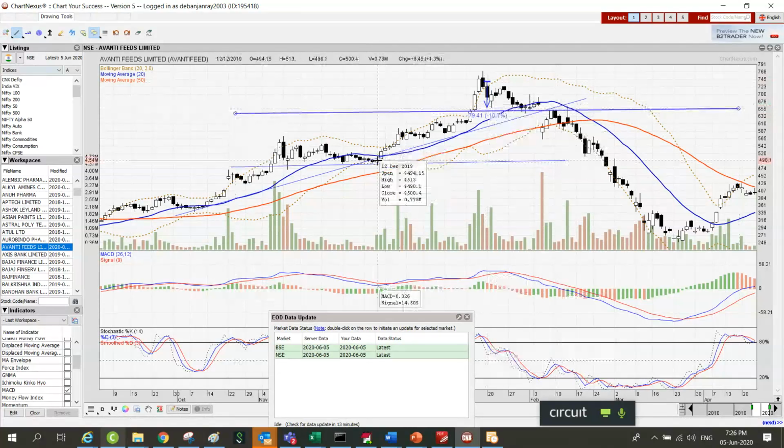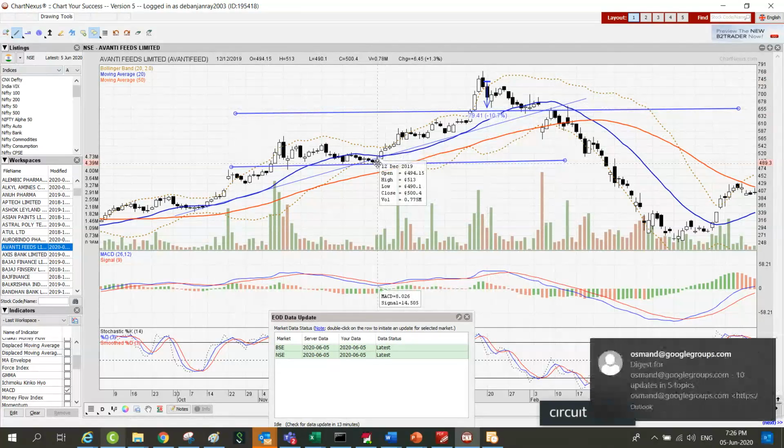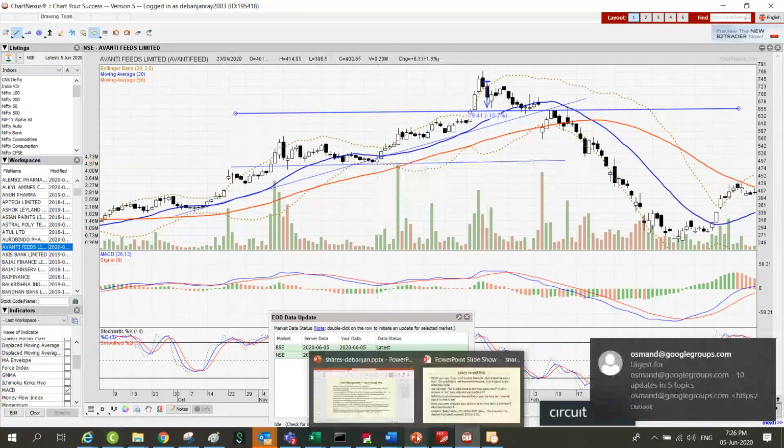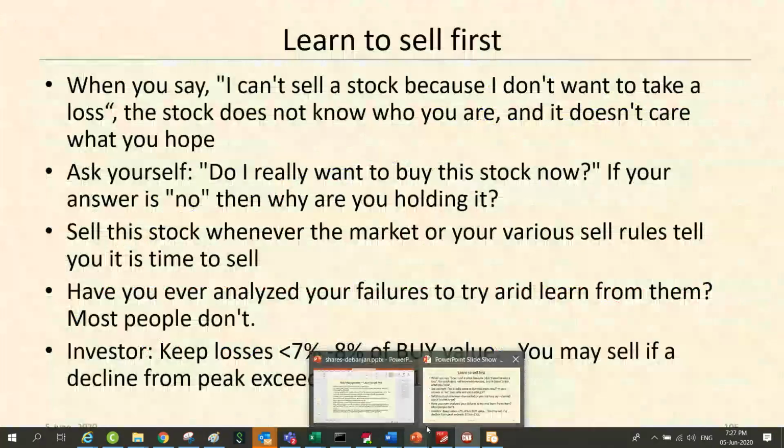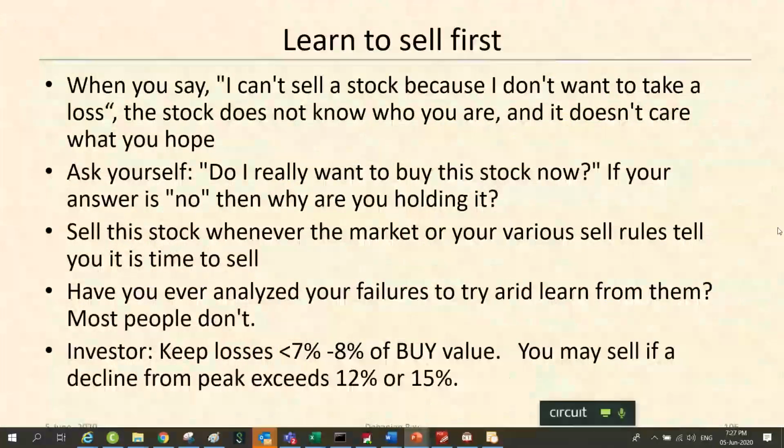Some people say no, whatever value I purchased, from that I will maintain. Any of the strategy I would say is fine. But the important thing is that you have to set a stop loss, and only from the stop loss you can exit.